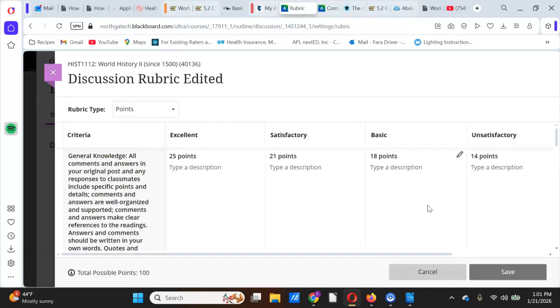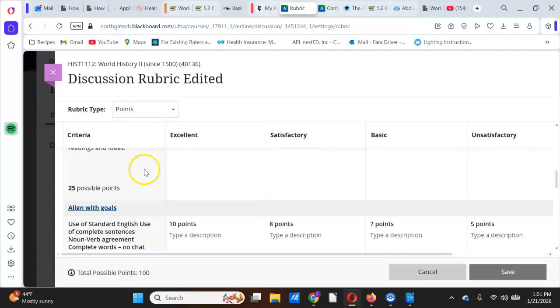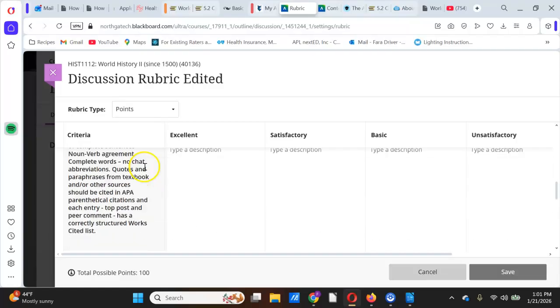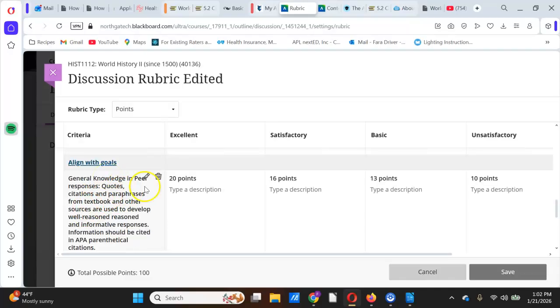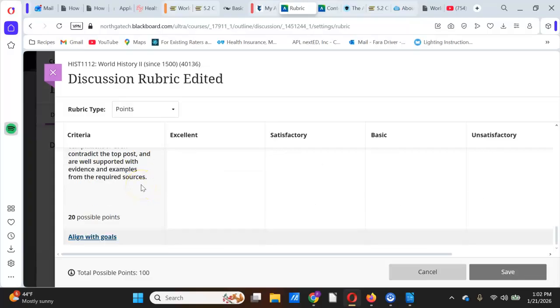As you can tell, it is based on effectively 5 criteria: general knowledge in your top post, critical thinking in your top post, grammar, but mostly APA citation, and then general knowledge in your peer comments and critical thinking in your peer comments.